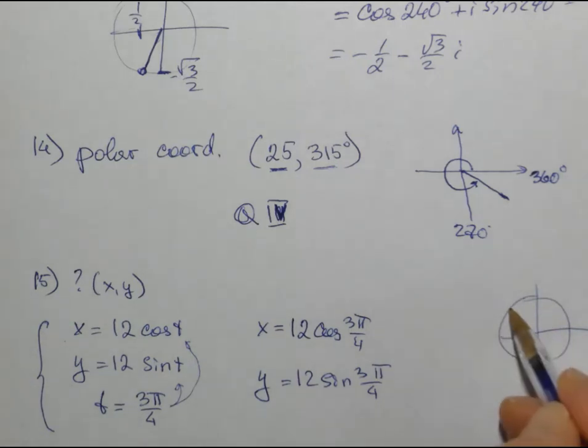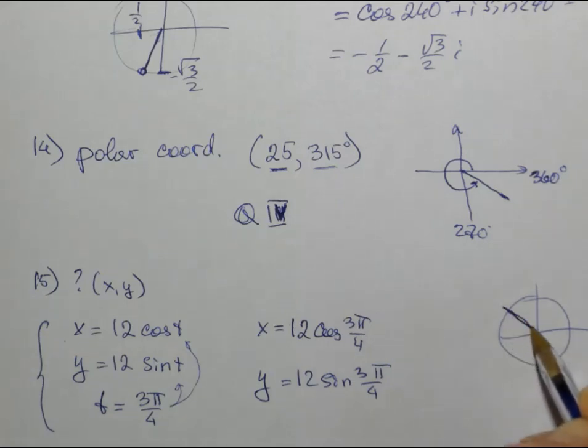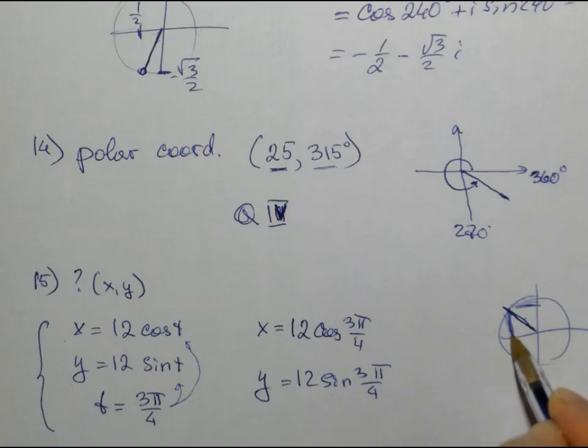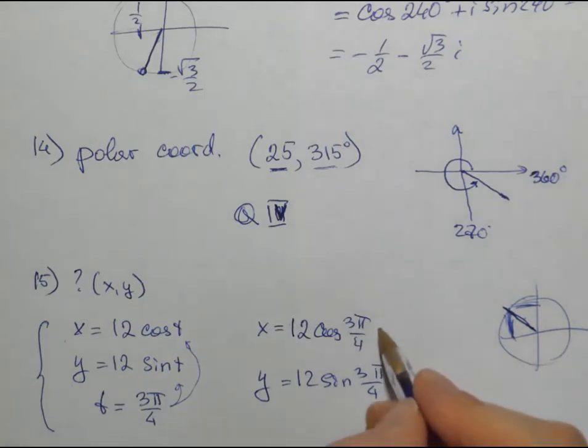3 pi over 4 is in the middle of the second quadrant. Sine is positive, cosine is negative. Both have the absolute value square root of 2 over 2.